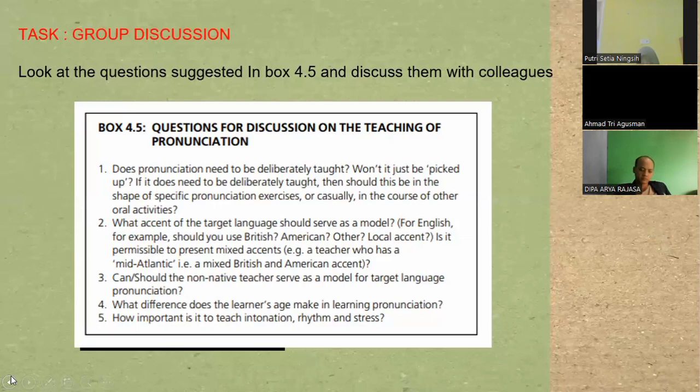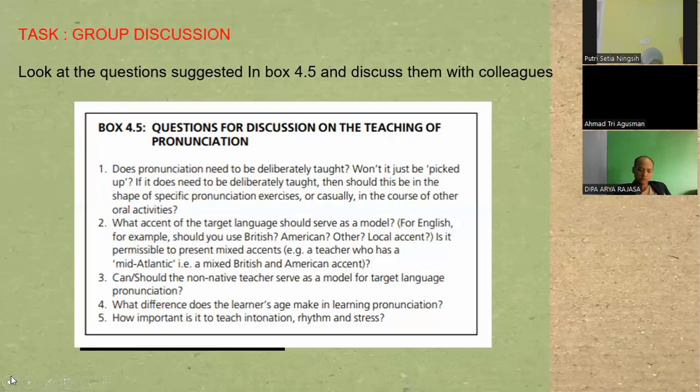Number two, what accent of the target language should serve as a model? For example, for English, should you use British, American, or another local accent? Is it permissible to present a mixed accent, for example, a teacher who has a mid-Atlantic, such as a mixed British and American accent?